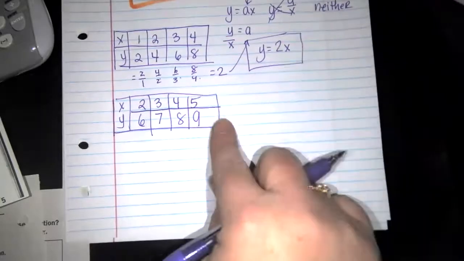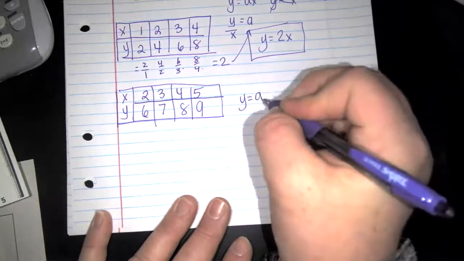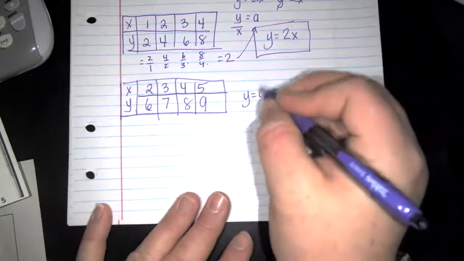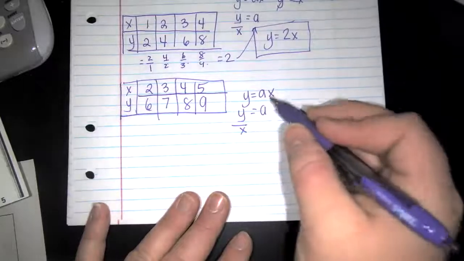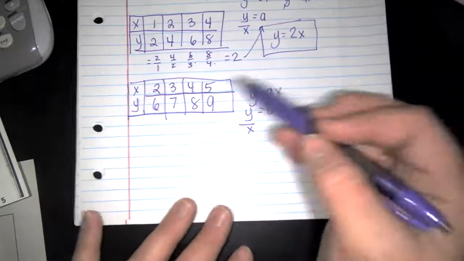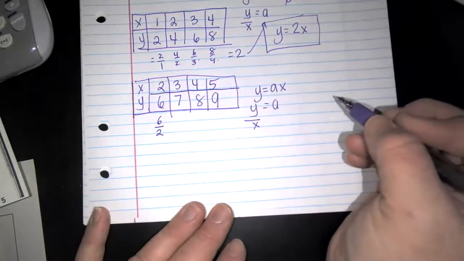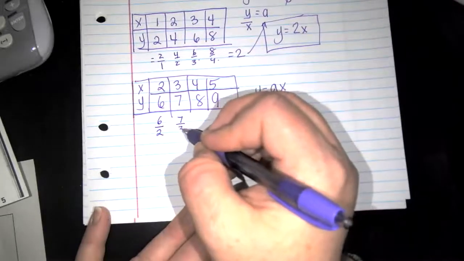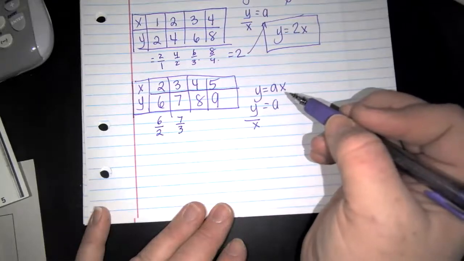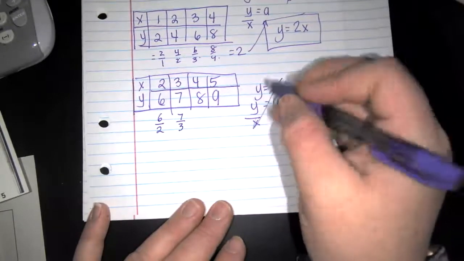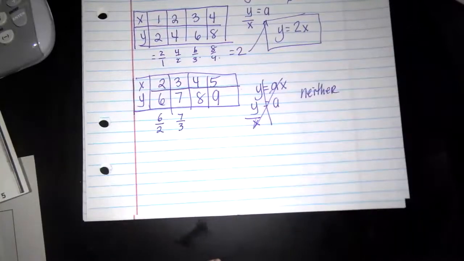So let's check. We just talked about that if it's direct variation, I know that A is all about the slope, which is rise over run. Do you see how I set that equal? Let's see if it's constant. 6 over 2 is 3, but 7 over 3 is not. So guess what? It's not direct. It doesn't go up at a constant rate.